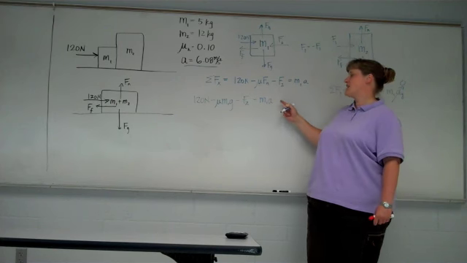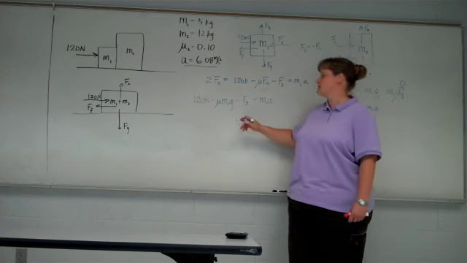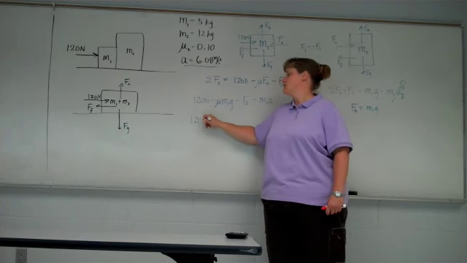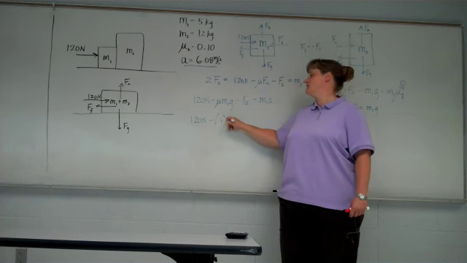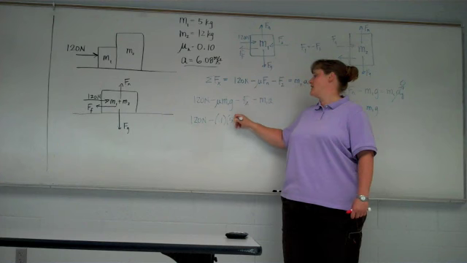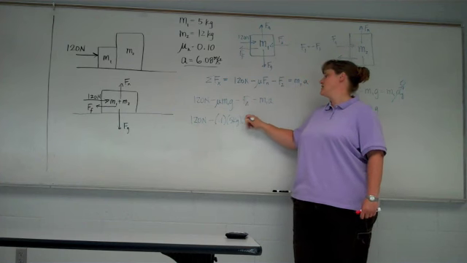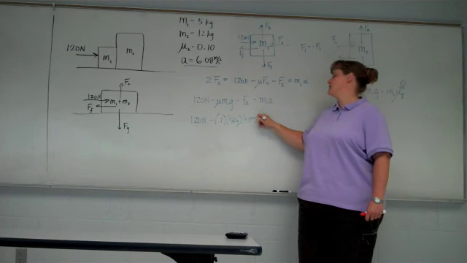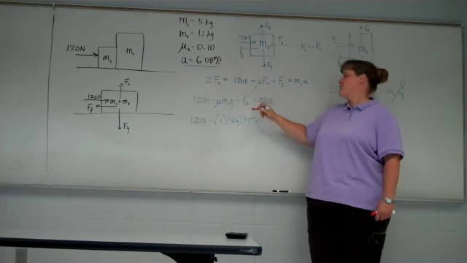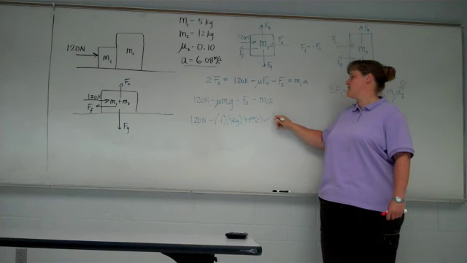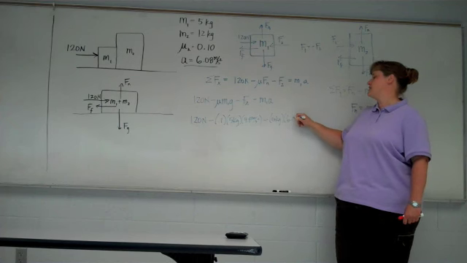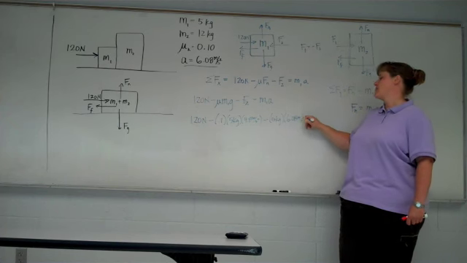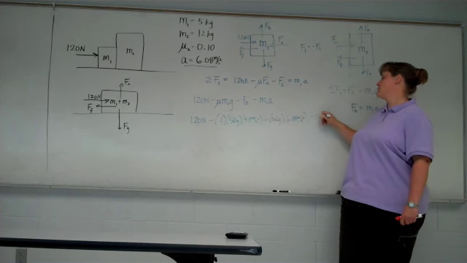Bringing force 2 to this side and m1a to the other side, I'm going to plug the numbers in while I'm at it too. Mu is 0.1, m1 is 5 kilograms, g is 9.8 meters per second squared. We're going to have minus m1a, so minus 5 kilograms times a, which we already found to be 6.08 meters per second squared. That all has to equal force 2.